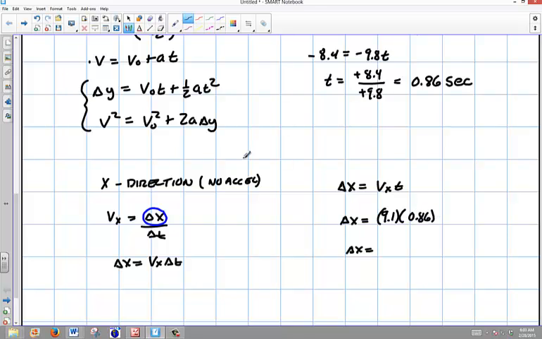So that's going to give me a total range of 7.8 meters. Okay, so that's my range there. So 7.8 meters is the range. 0.86 seconds was the time.